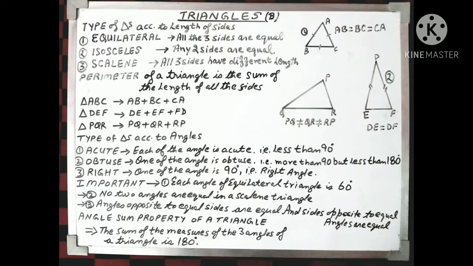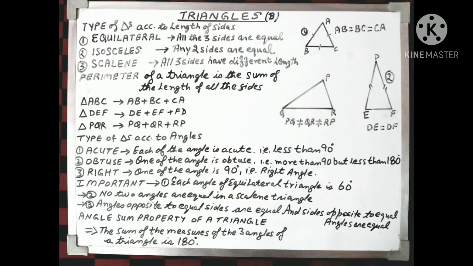For example, the perimeter of triangle ABC is AB plus BC plus CA. The perimeter of triangle DEF is DE plus EF plus FD. The perimeter of triangle PQR is PQ plus QR plus RP.